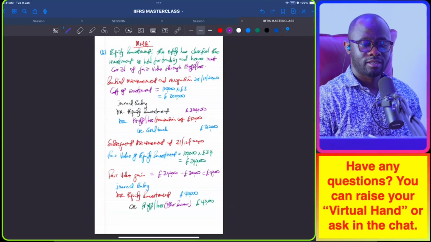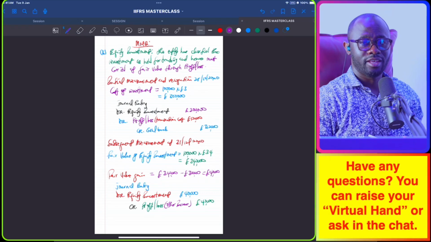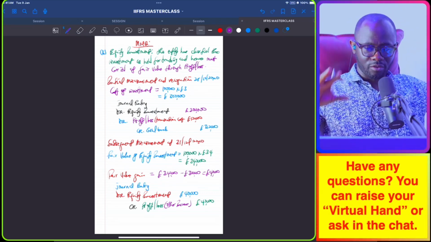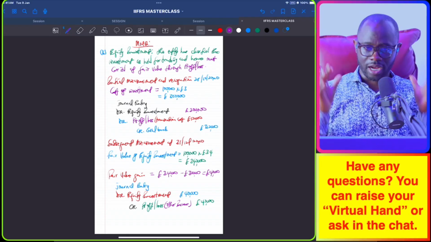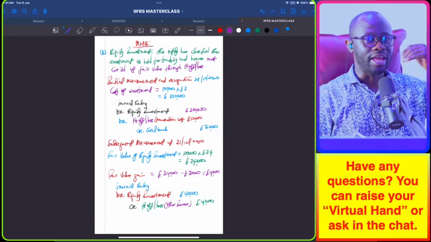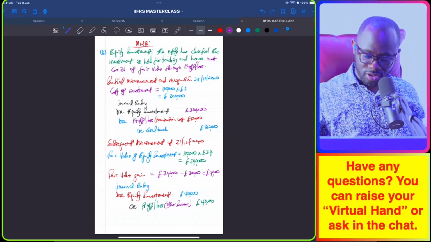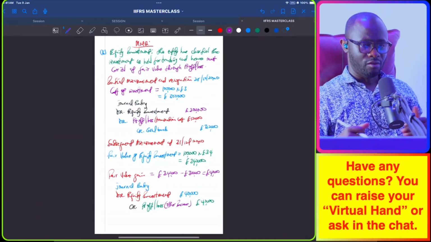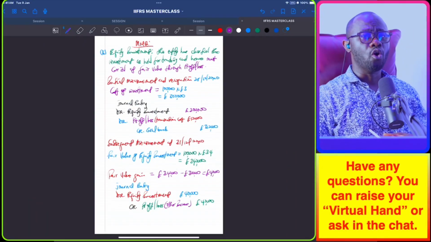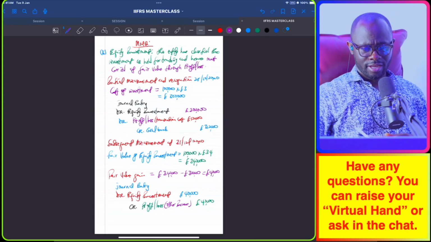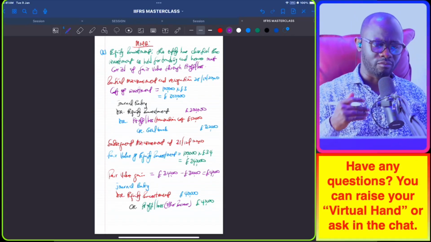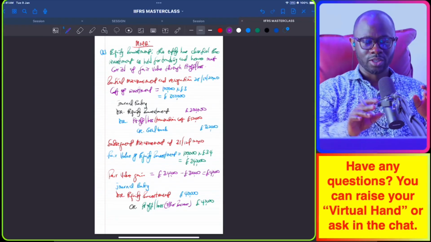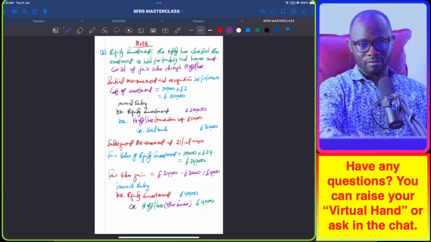So when it comes to equity investment, if we are carrying at fair value through P&L, transaction cost is written off in the P&L. If we are carrying it at fair value through OCI, then the transaction cost would have been included in the equity investment.